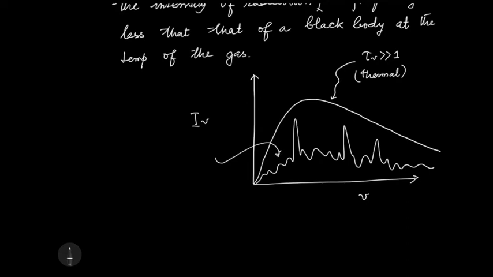If it is not a black body, then you can see something like that. In all frequencies, the intensity will be less than that of a black body. This is non-thermal radiation. Okay. So it's not required to be much less than 1. You can see if less than 1, then only it will survive. Then only it will work.